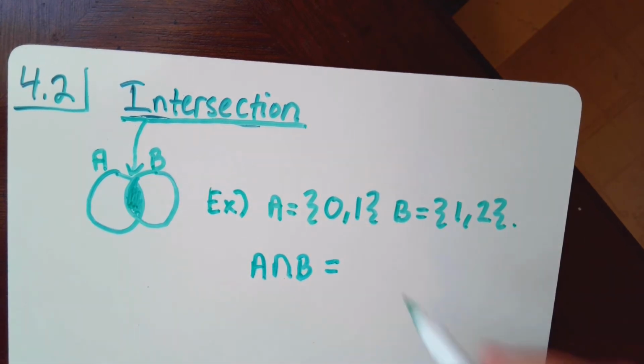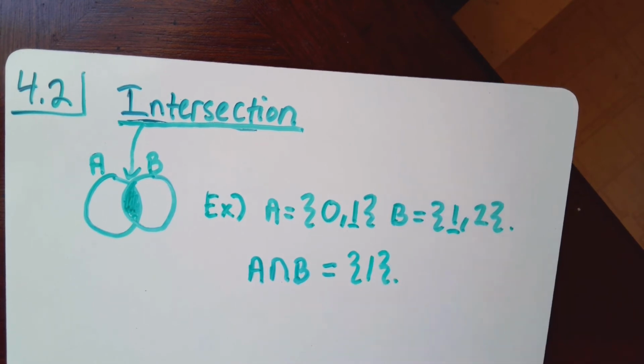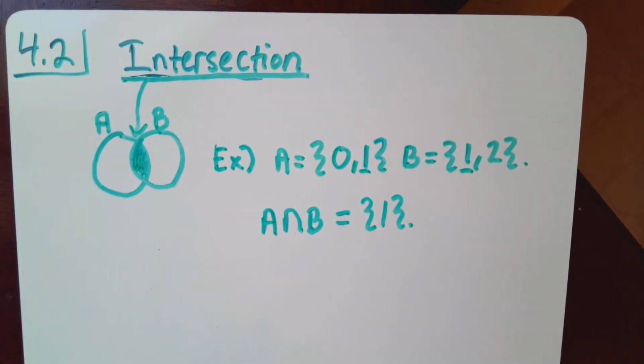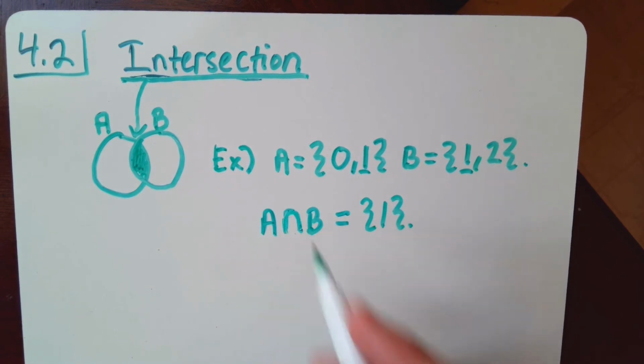A intersect B is what's in common, and in this case it's just the number 1. So A intersect B, intersection takes what's in common between two sets and throws them into one single set called the intersection.